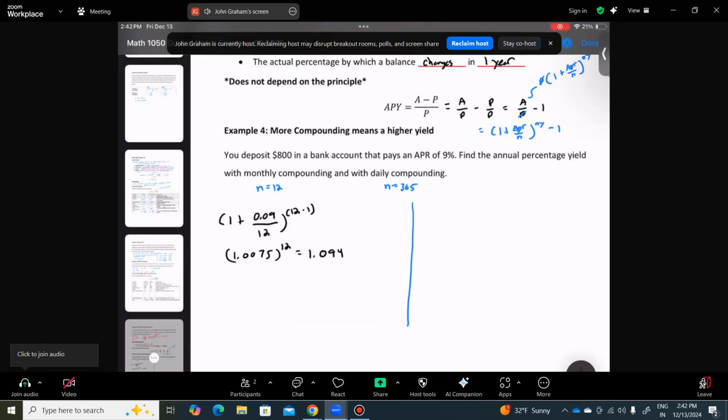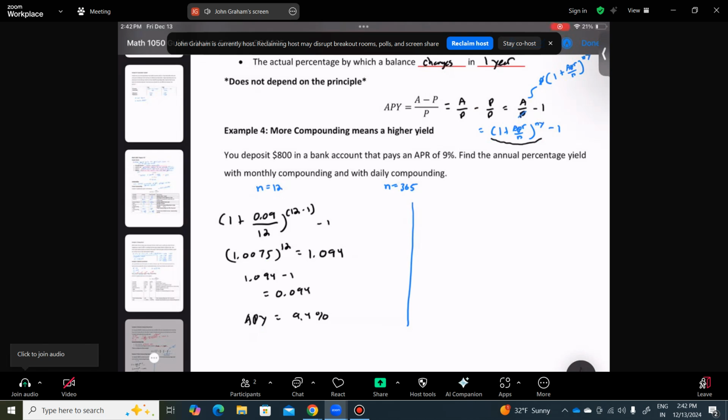Right. That was only this part of it. Still got to subtract 1. Alright, so that's that. And then 1.094 minus 1, 0.094. So your APY is 9.4% interest, or 9.4%.